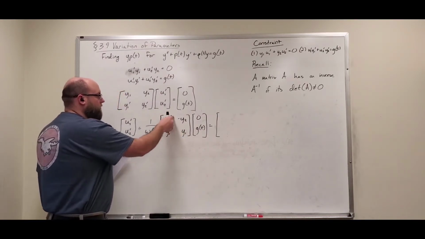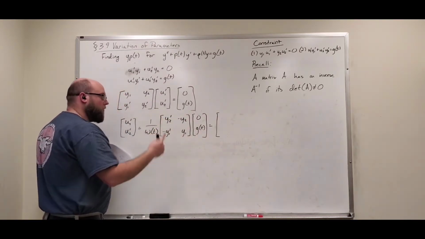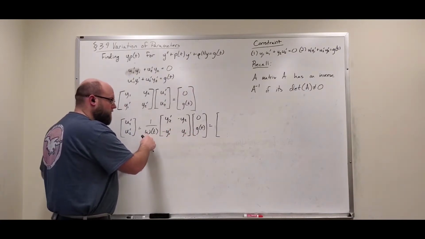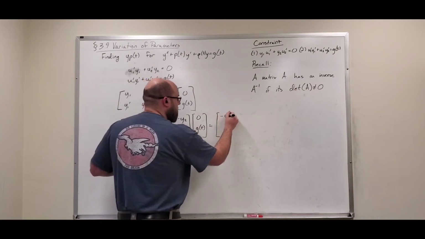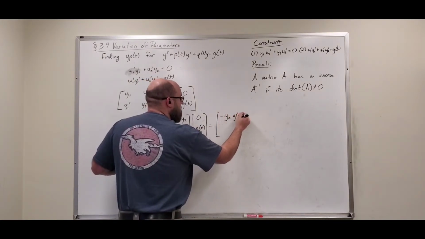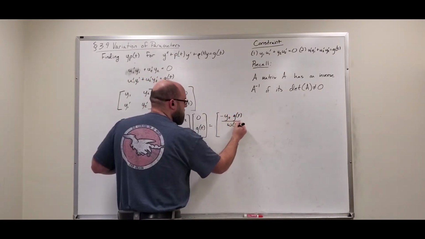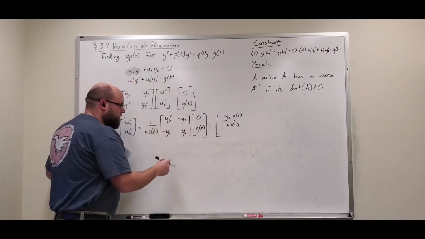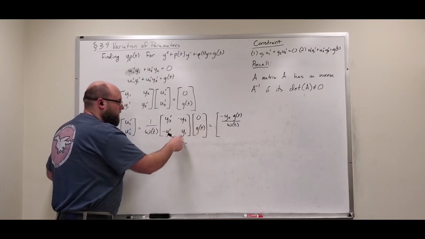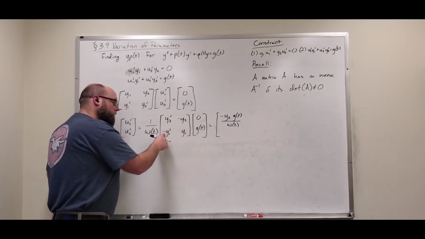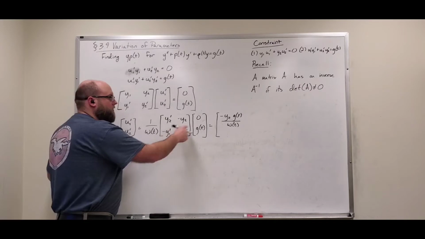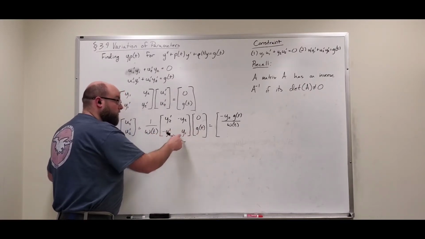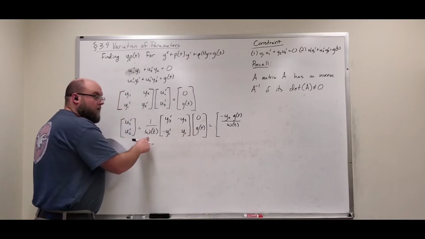So if we have y2 prime times 0, we're going to get 0 out, plus negative y2 g of t, all divided by our Wronskian. And then the same thing here, we're going to multiply this row by this column. So it's this term times this term plus this term times this term. Well, negative y1 prime here is going to be 0. And then we're going to get y1 g of t divided by our Wronskian.